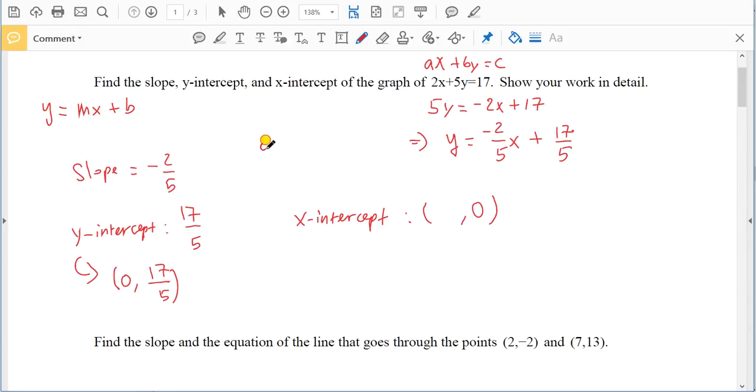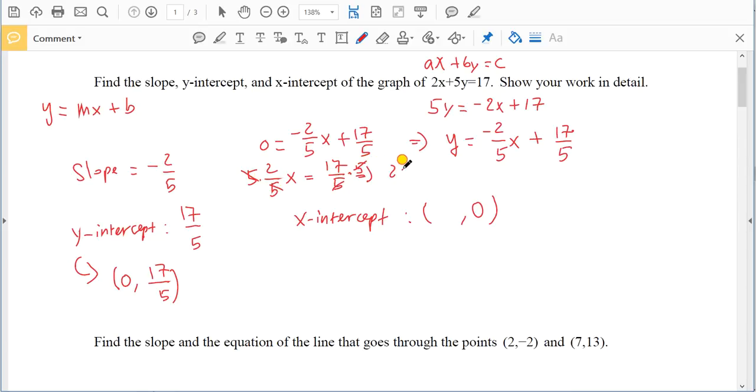So when y is 0, I can solve from here. 0 equals minus 2 over 5 x plus 17 over 5. Now I can move this one to the left side, making it positive, so 2 over 5 x equals 17 over 5. Now I want to solve for the missing value of x. You can multiply both sides by 5, so the 5s cancel.